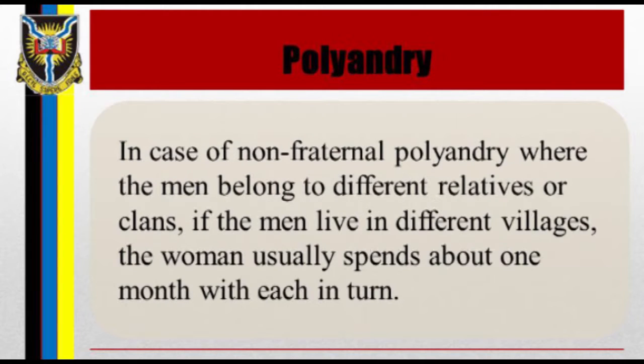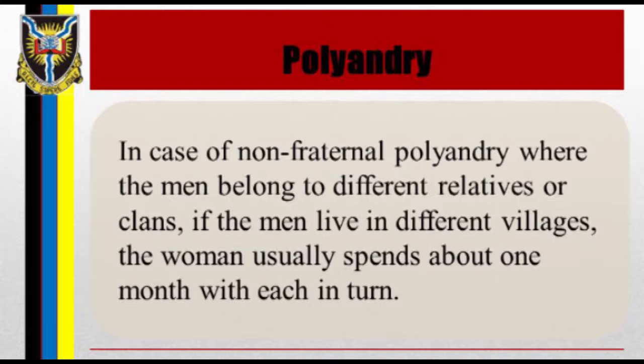In the case of non-fraternal polyandry, where the men belong to different relatives or clans, if the men live in different villages, the woman usually spends about 1 month with each in turn. In this form of polyandry, paternity is often decided by giving the bow.